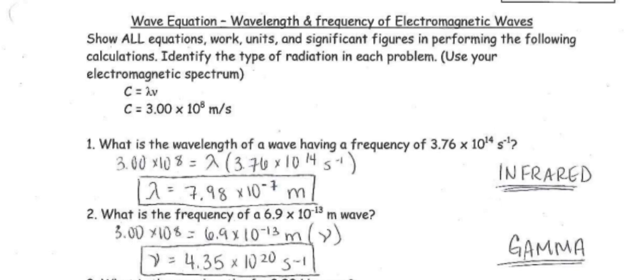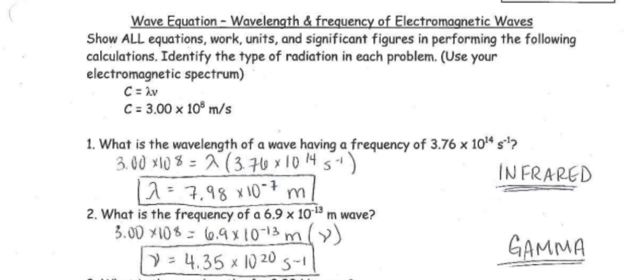Okay, number 2. What is the frequency of a 6.9 times 10 to the power of 13 m wave? So we still substitute our c, 3.00 times 10 to the power of 8.